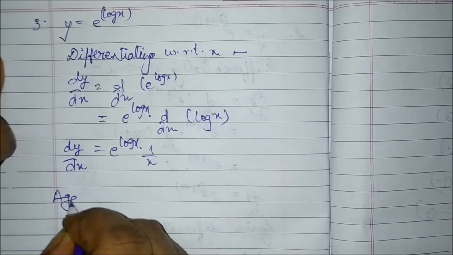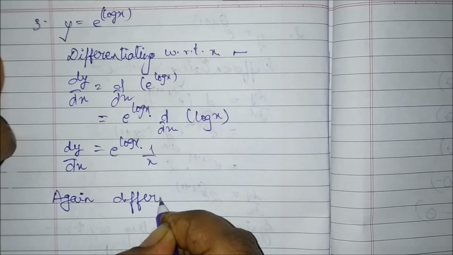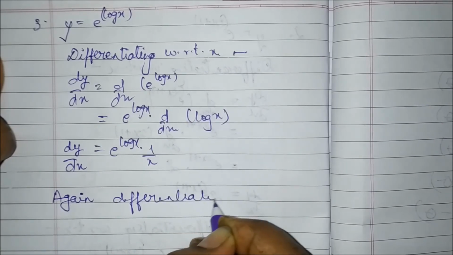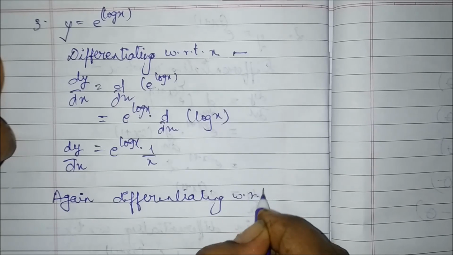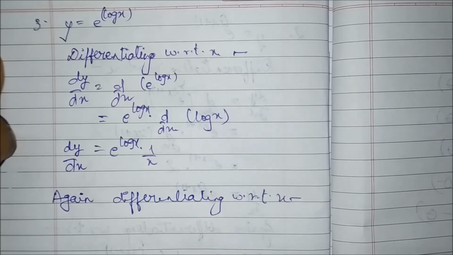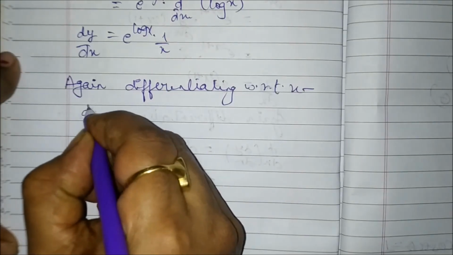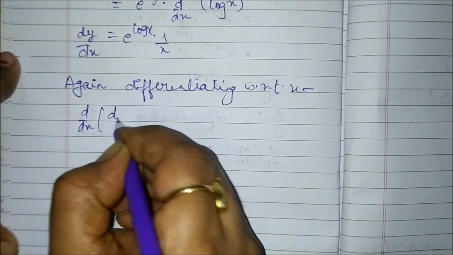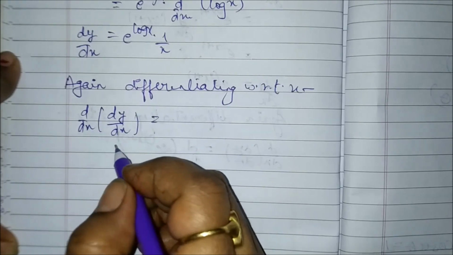Now we find the second order derivative. So again differentiating with respect to x. Here it is d2y by dx2.